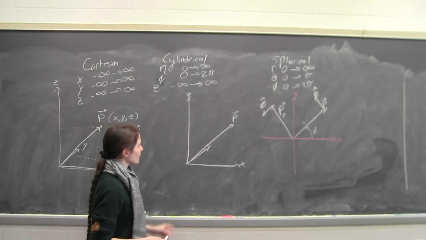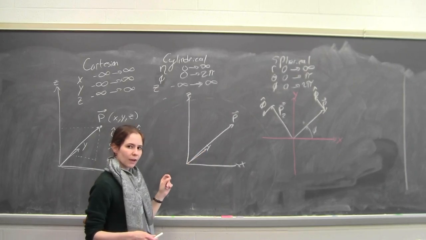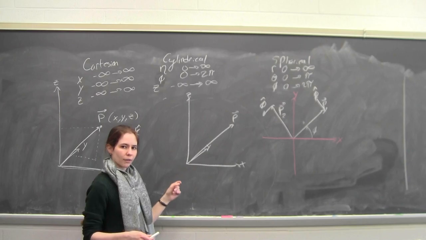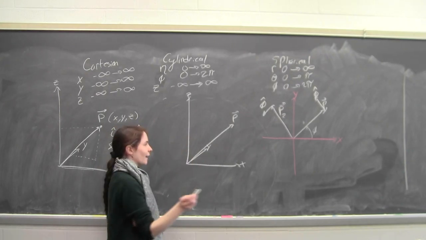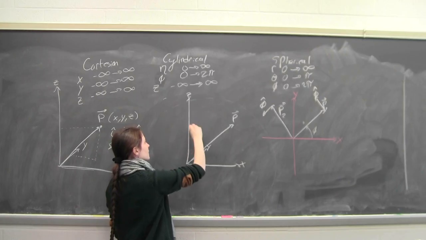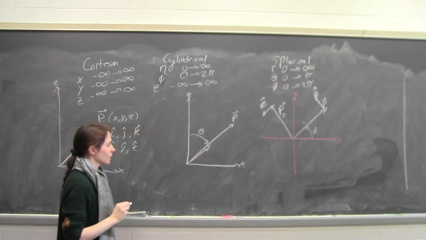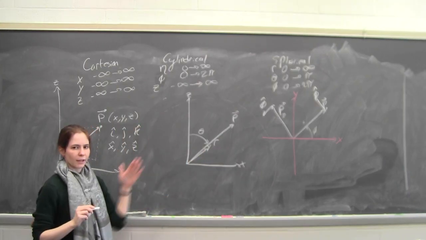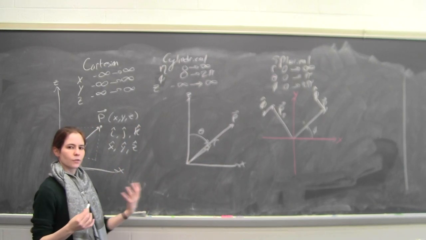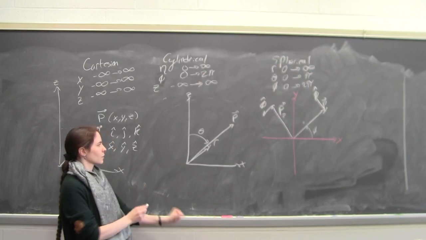So in order to do this, I need to find the x, y, and z components of this vector in terms of r, theta, and phi. And so for z, it's not too bad. So in the z direction, remember we have this polar coordinate theta, and we know that the length of this vector is just r, the distance from the center of the sphere, and we've put the origin of our coordinate system at the center of the sphere.